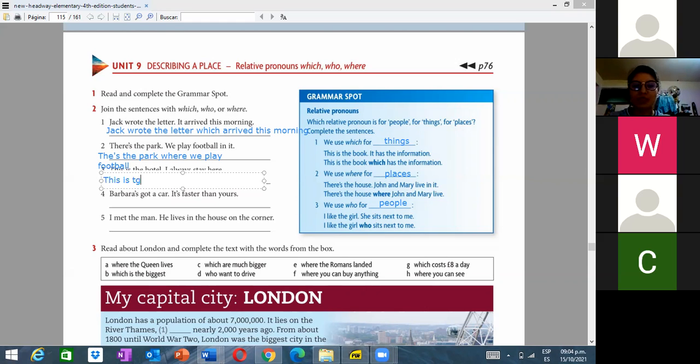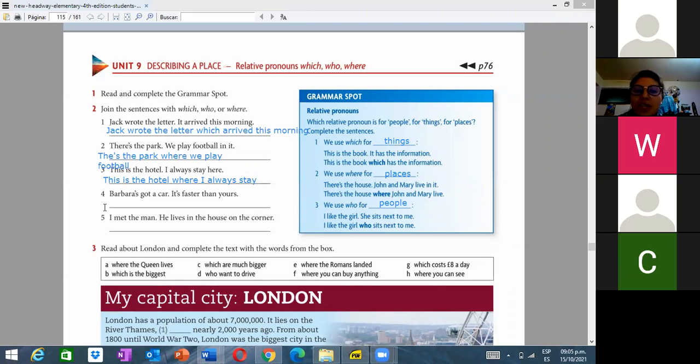Very good. This is the hotel where I always stay, ¿no? Ese es el hotel donde siempre me hospeo, donde siempre me quedo, ¿cierto? Ok. Very good. Number 4.